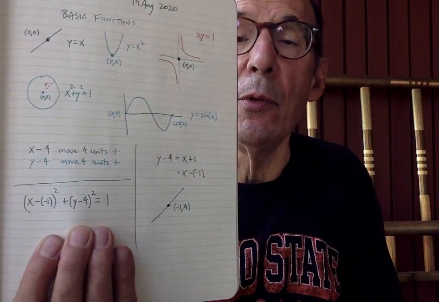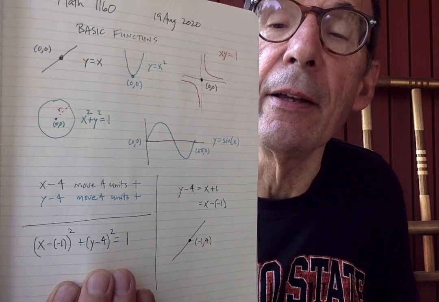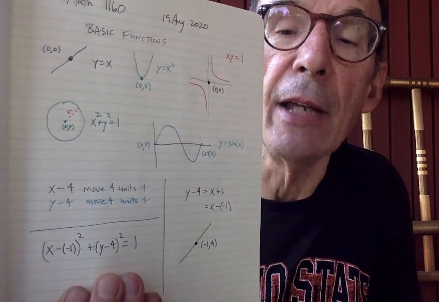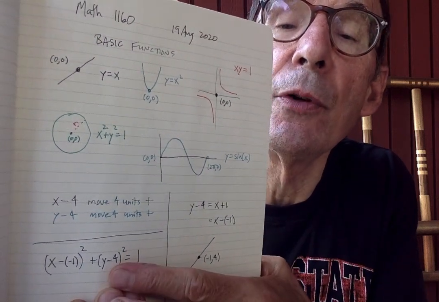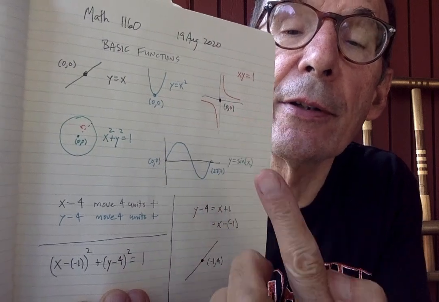We can do the same transformation to a circle and say x minus minus 1 squared, this time I'm getting smart, plus y minus 4 squared equals 1. So I've moved minus 1 to the right and 4 up. y minus 4 moves things in the positive y direction, that's up.